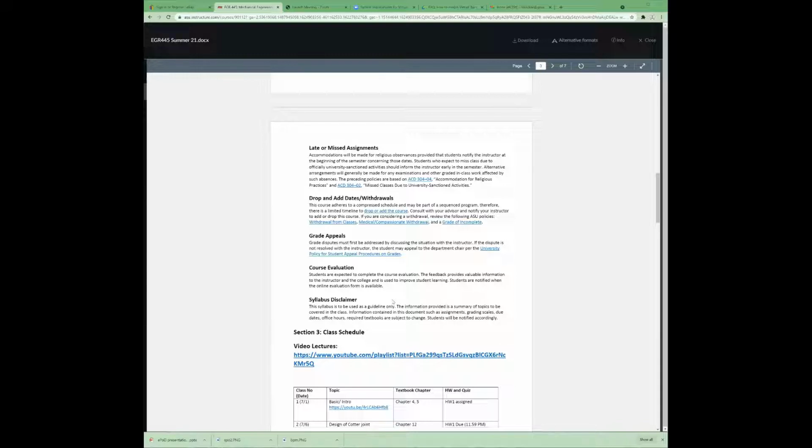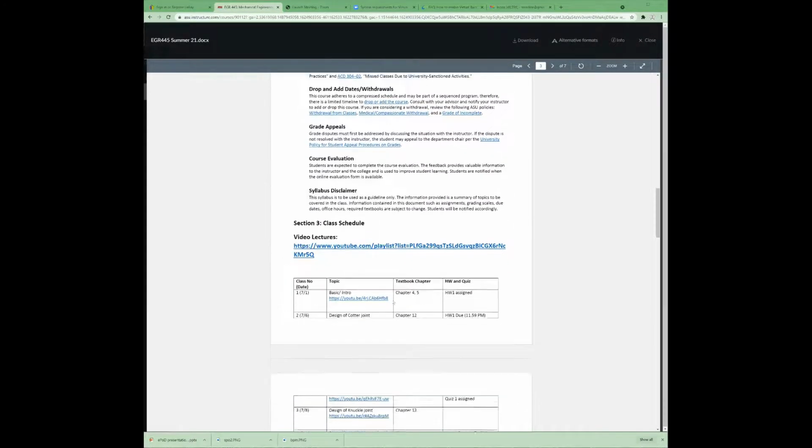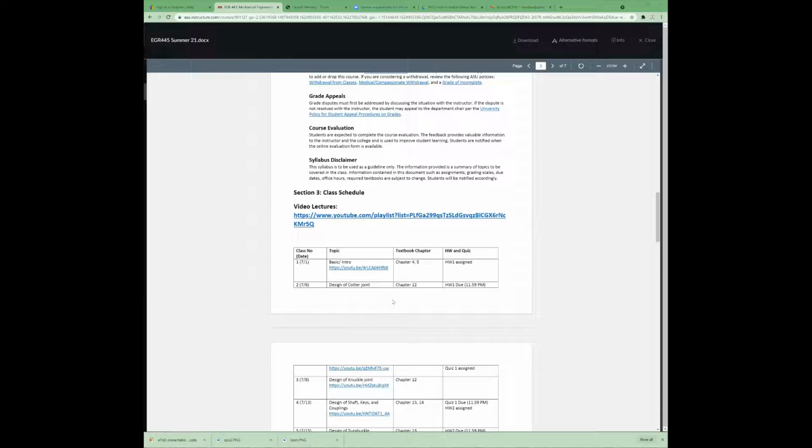In the next class, we will start looking at the systems, which means designing one or more components which come together and form an assembly. So next class, we are going to talk about design of cotter joint.